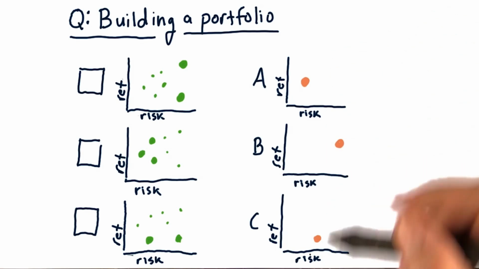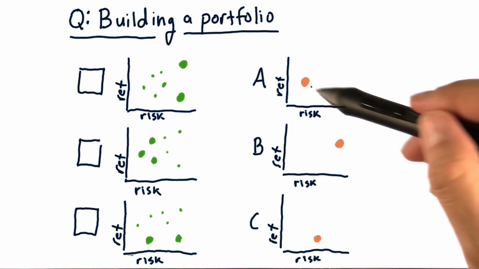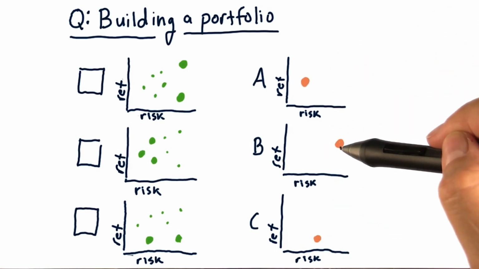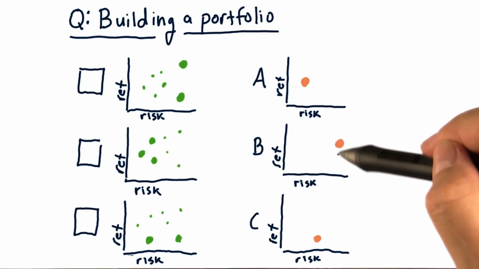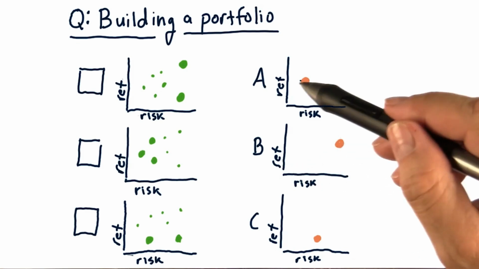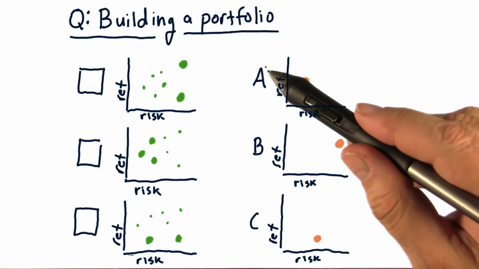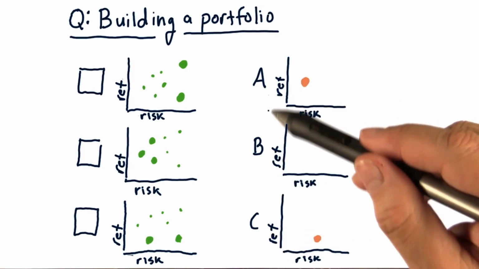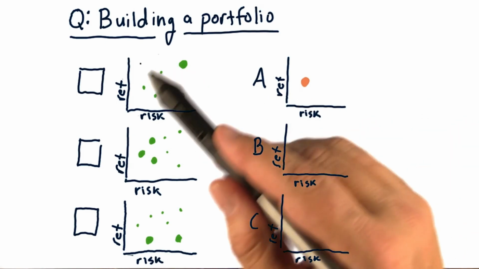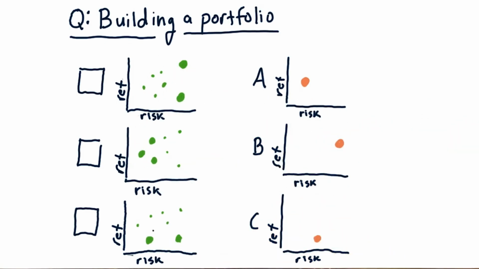Over here in this right column, I indicate with a big orange circle the risk return level for several different portfolios. And what I want you to do is match these resulting portfolios to these weights. So give it a go and I'll come back and show you the answer.